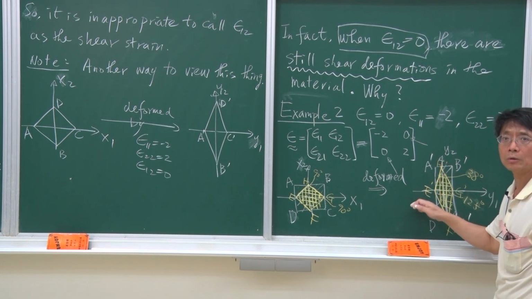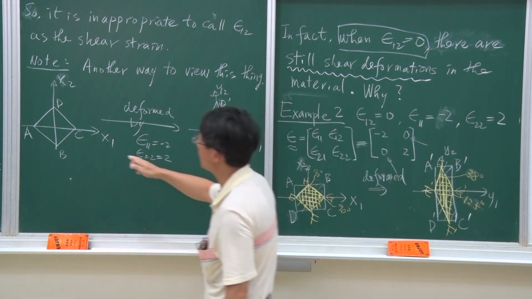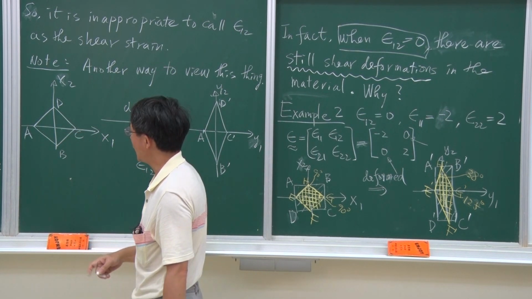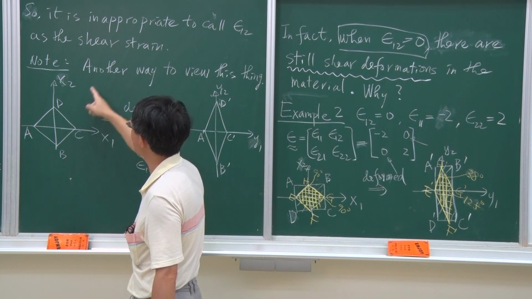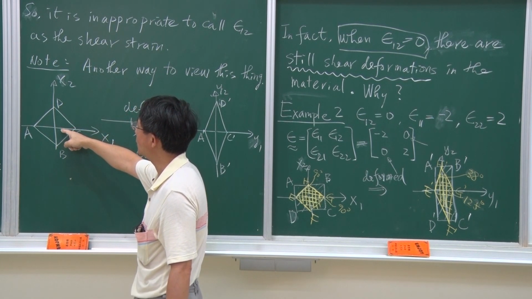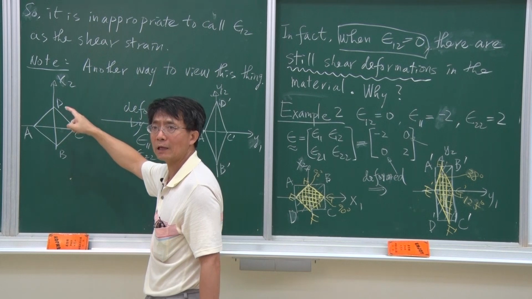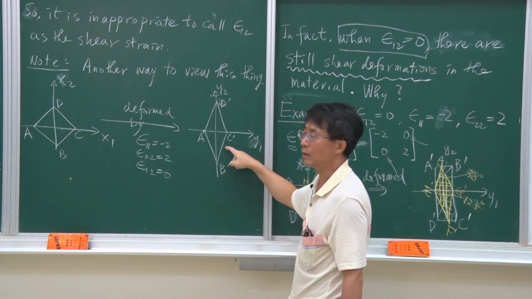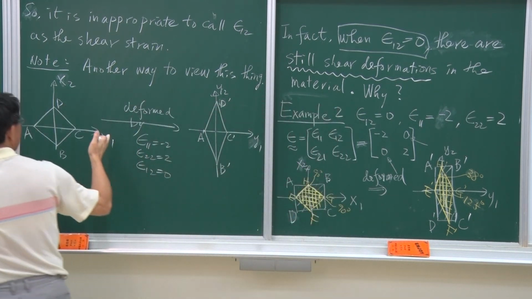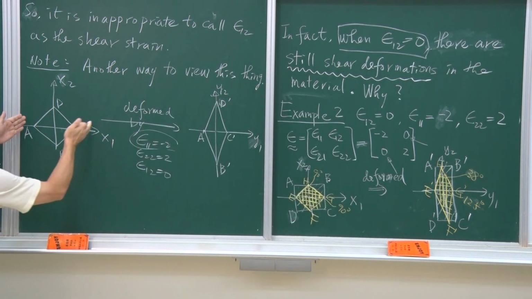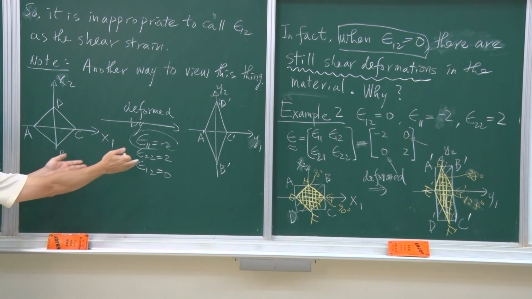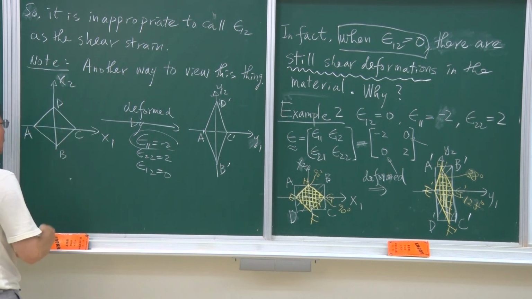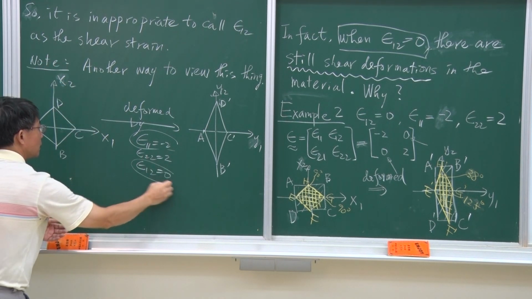You can just take the material in this 45-degree direction at the first step, and say that we are talking about a material located like this, and this material will be deformed by a shear deformation. Because absolute 1, 1 is minus 2, subtracted, and absolute 2, 2 equal 2 is extended in the x2 direction, and absolute 1, 2 equals 0.